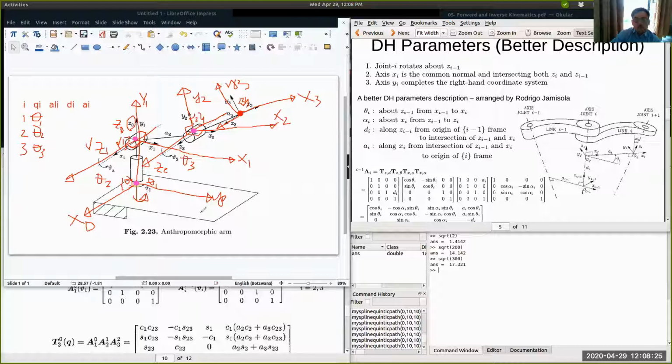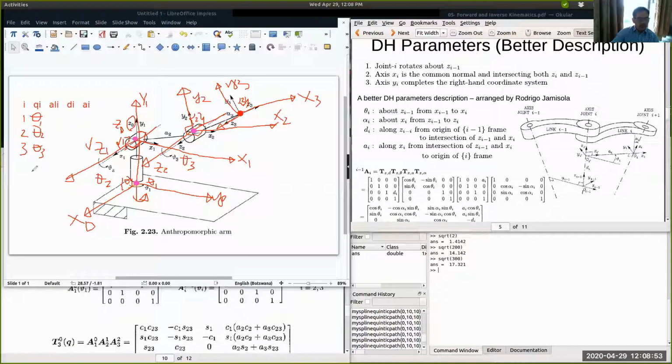Theta 1 goes about Z0 from x_{i-1} to x_i, so from x0 to x1 in that direction, that's positive. Theta 1 is positive. We know that because we already identified the direction of z to be in the positive direction of theta. So now all of them are positive.